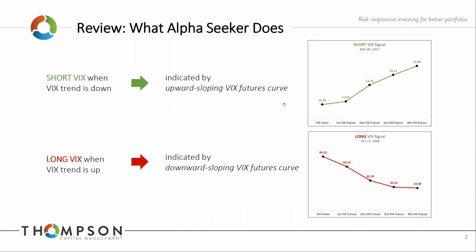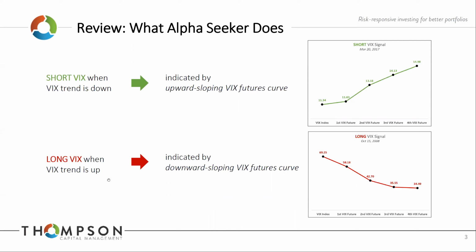At a conceptual level, when Alpha Seeker reads and quantifies an upward sloping VIX futures curve, like what's shown in the green here, that's our risk on signal. That's when we're going to be short VIX or long S&P. On the other side, if we see an inverted VIX futures curve, that is our signal to go long the VIX.